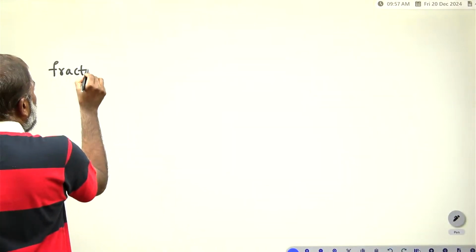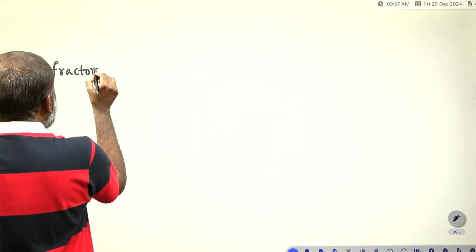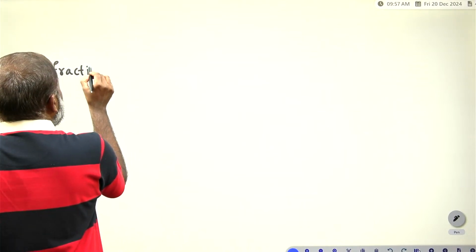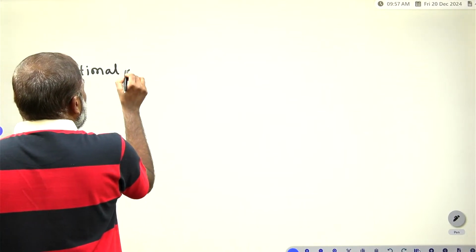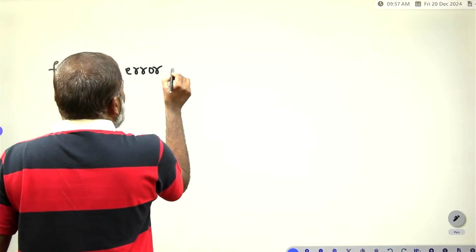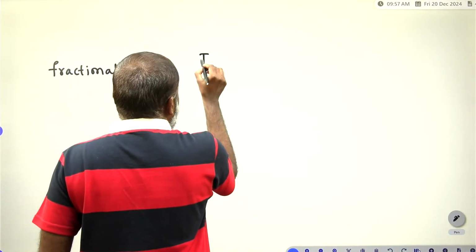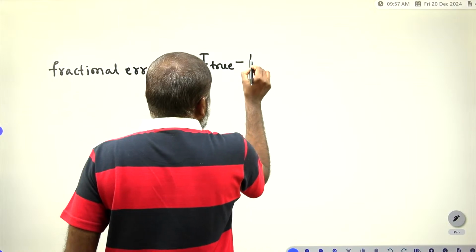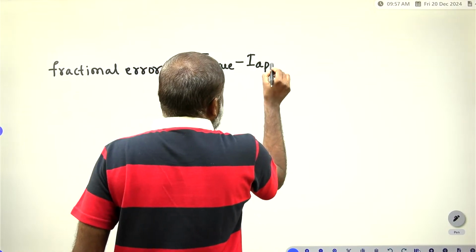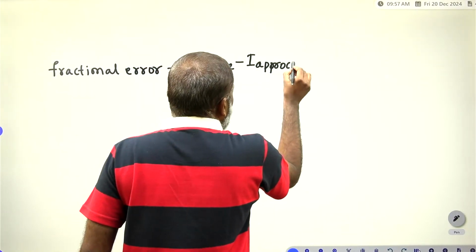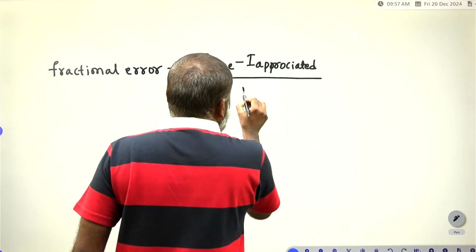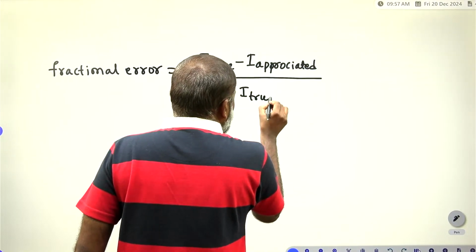Fractional error is equal to, how do we have to write? Delta I means I true value minus I approximated value, divided by I true value.